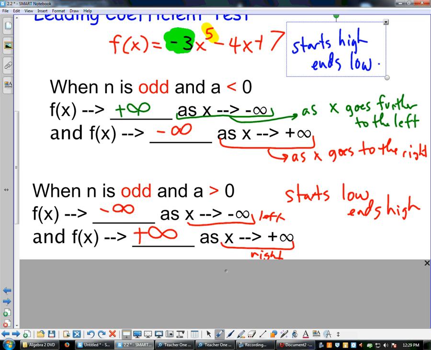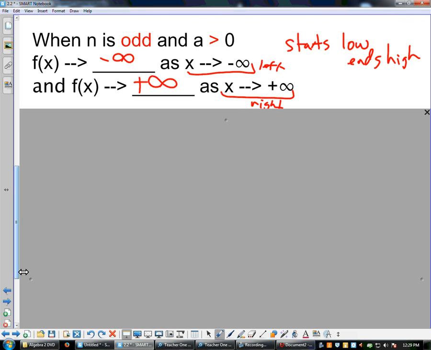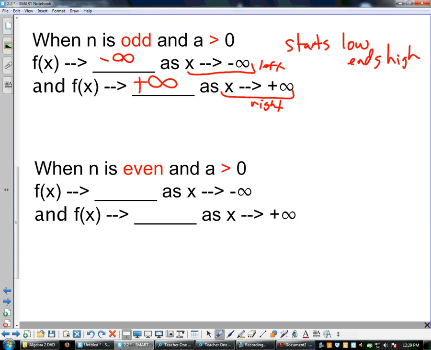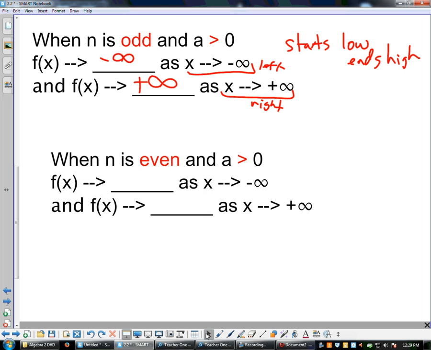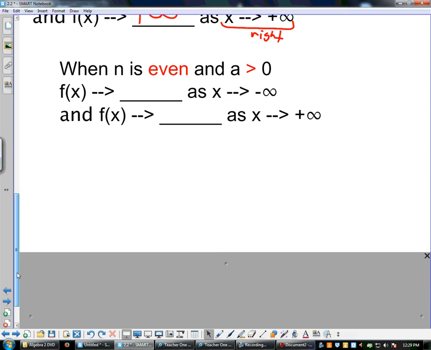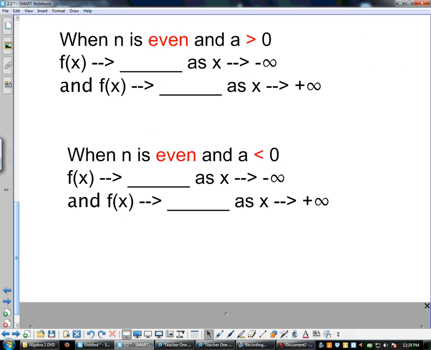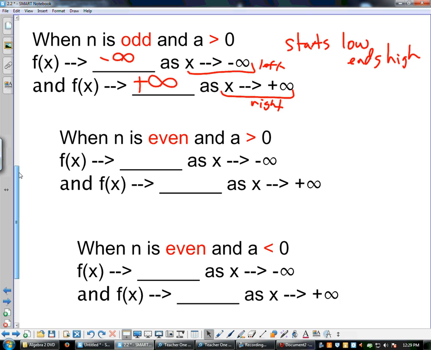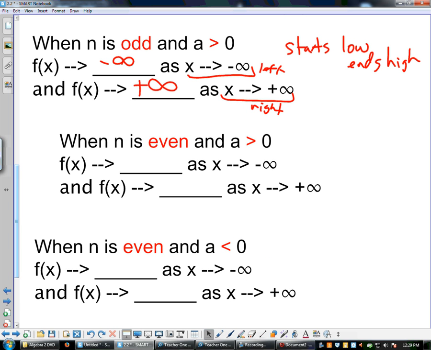All right, so we've done 2 of these, I'm going to ask you to do the other 2. If n is even, if you've got an even degree and the leading coefficient is positive, how would you fill in the blanks here? And what if the degree is even and the leading coefficient is negative?